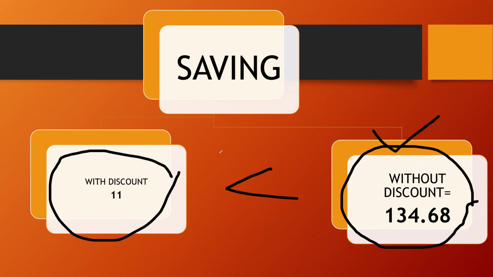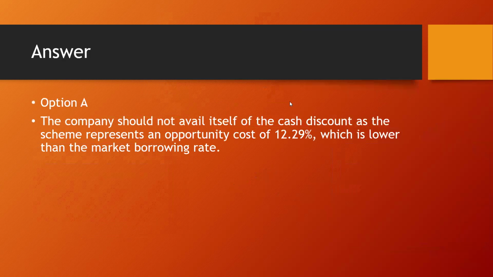So it's best to decline the offer. I don't want the discount. I already explained it in a different video. I hope you understood this question. Thank you. Option A is the answer. You need not accept the cash discount because the opportunity cost is less than the market borrowing rate. That's the important thing. Thank you.